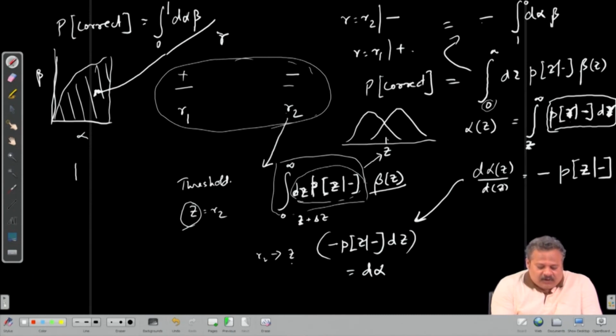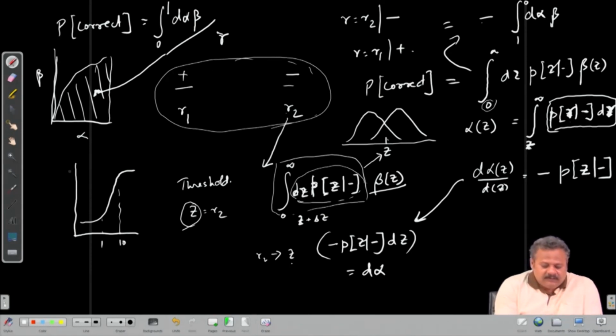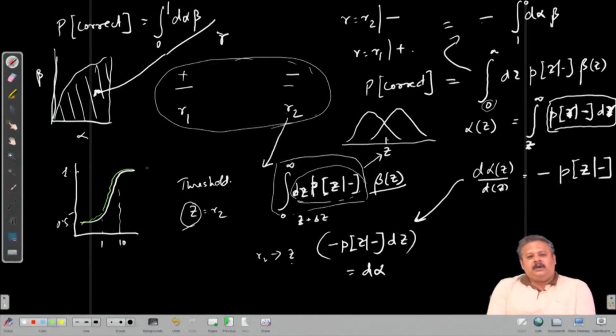Which means that for the different coherences, if the monkey's performance was like this, where this is around 10%, this is around 1%, then if this is 1 and this is 0.5, then based on the neurometric functions, that is for the neurons, we get a similar sort of curve that matches with the performance.